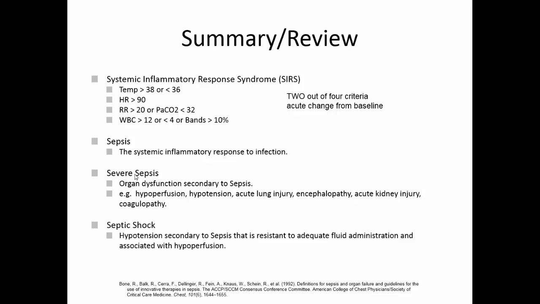Sepsis is SIRS criteria plus infection. Severe sepsis means you have organ dysfunction. That would include hypoperfusion, hypotension, acute lung injury, acute mental status change, acute kidney injury, coagulopathy, lactate greater than 4. Septic shock is severe sepsis plus hypotension, low MAP.